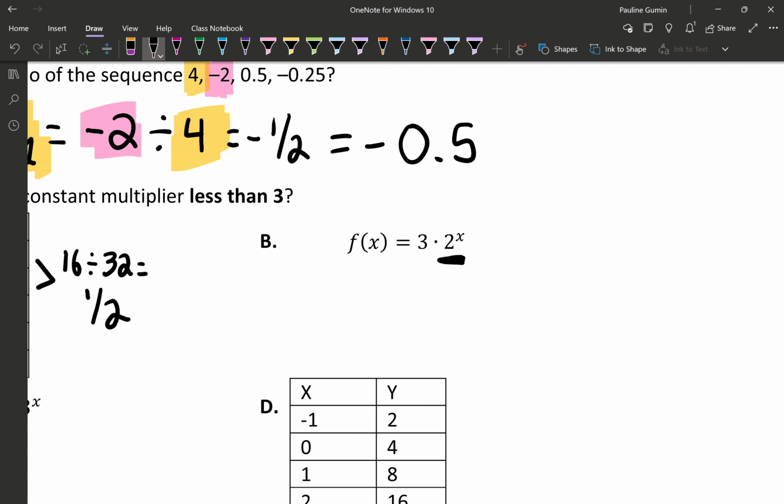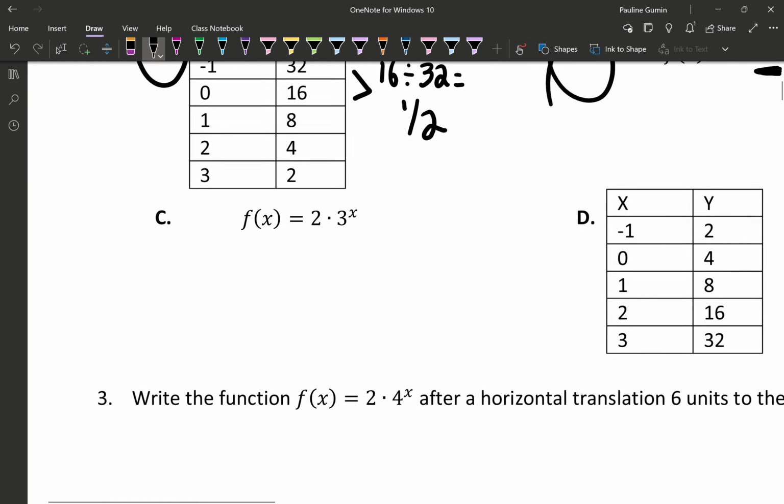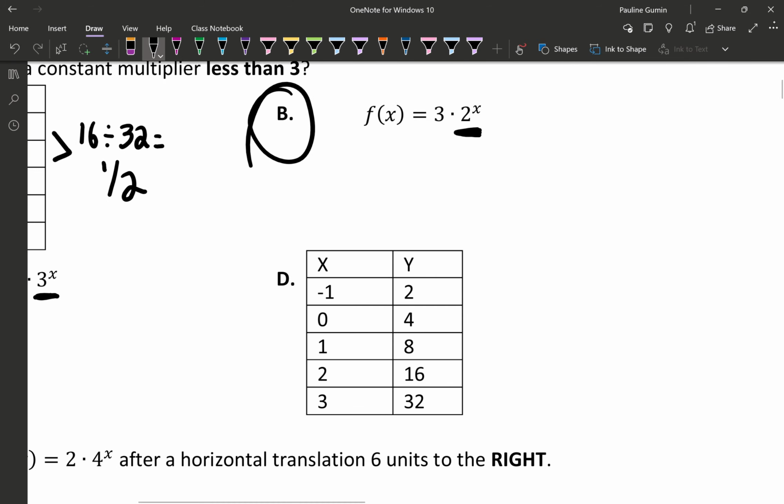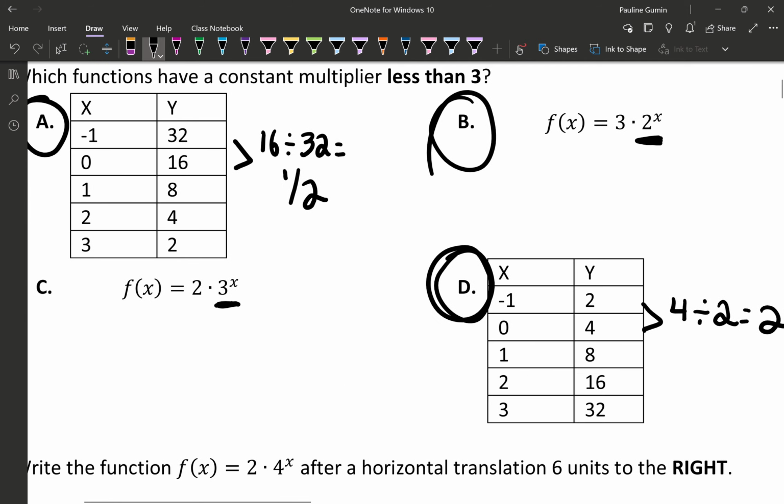Letter B, the constant multiplier is 2. Yay, that's an answer. In letter C, the constant multiplier is 3. 3 is not less than 3. Letter D, let's see what the pattern is. Second term divided by first term is 2, which is also less than 3.